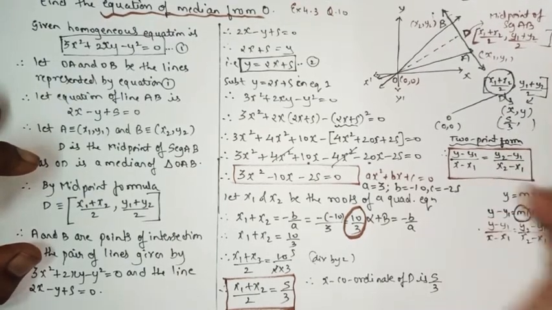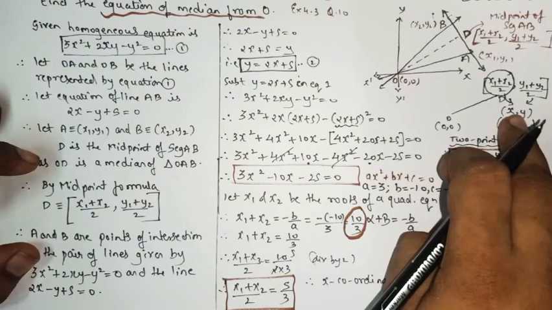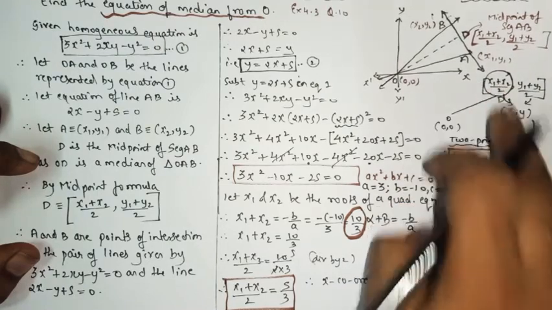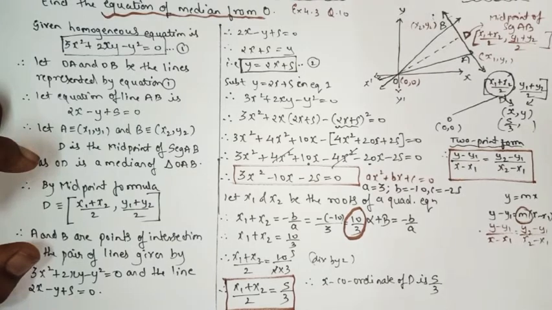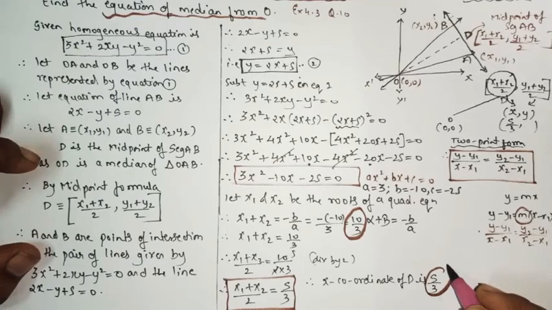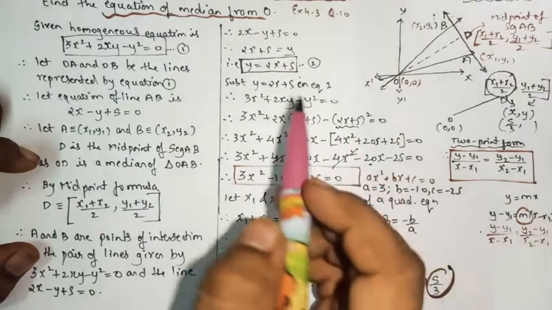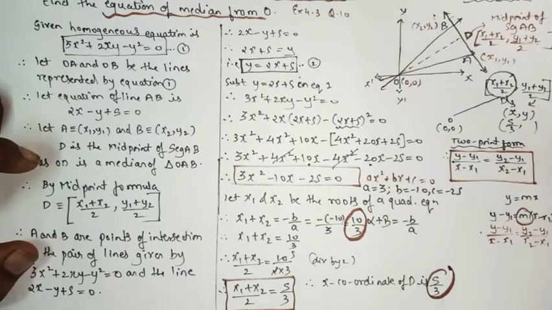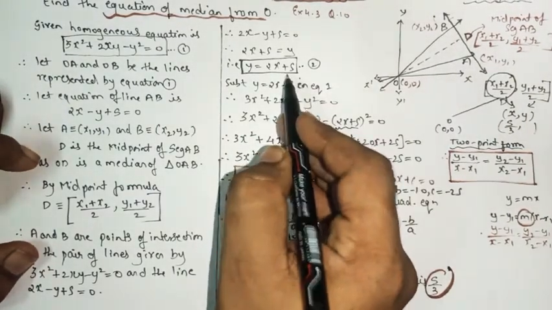So we got the x coordinate, that is 5 by 3. Now simply we have to find the y coordinate. The x coordinate of D is x1 plus x2 upon 2, and I wrote x coordinate of D is 5 by 3. Now you will take this value and substitute it in equation number 2.